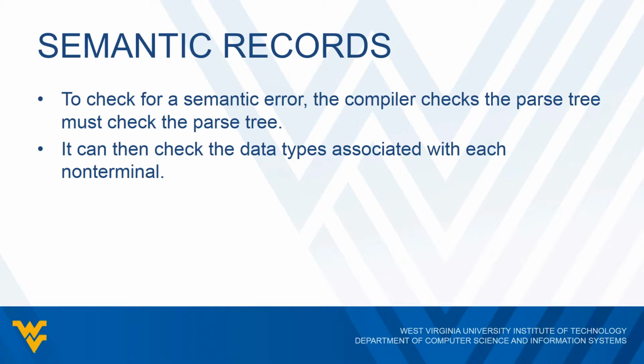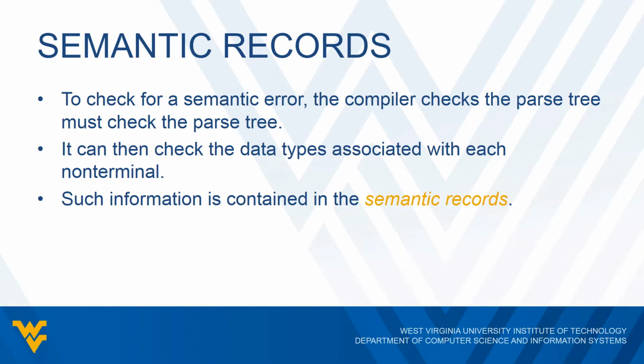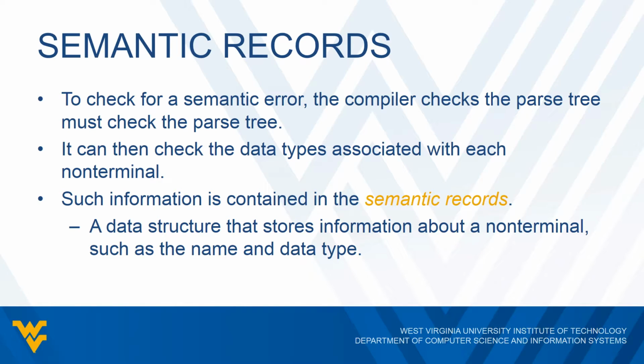So they'll look at the data types that are associated with each non-terminal in that branch. And this is done by examining what's called the semantic record. So this type of information is what we call the semantic records, and they are associated with each non-terminal symbol in the grammar. A semantic record is basically a data structure that stores information about a non-terminal. So this will include the name of the object and the data type.